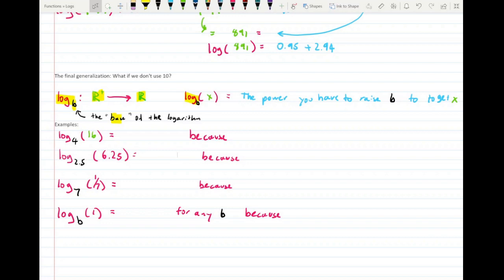To do a couple examples, we've got log base 4 of 16 is equal to 2 because 4 to the power of 2 is equal to 16. Similarly, we've got log base 2.5 of 6.25 is also equal to 2 because 2.5 to the second power is equal to 6.25.